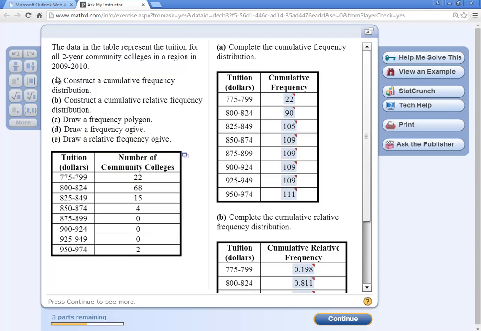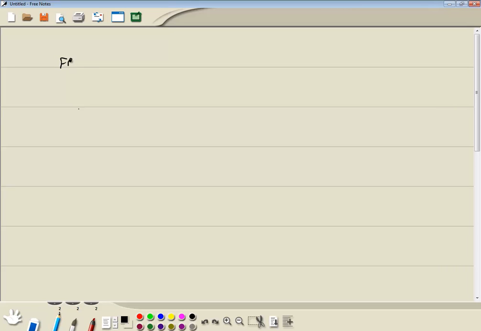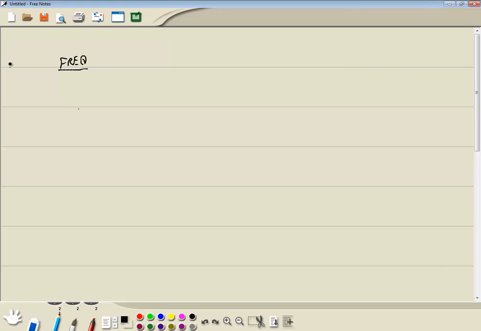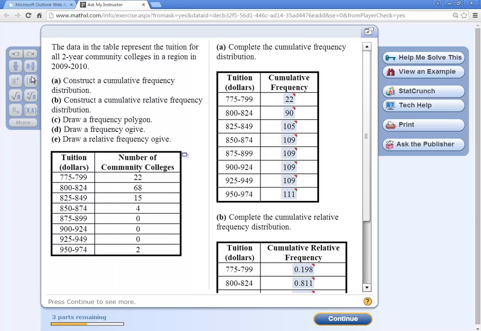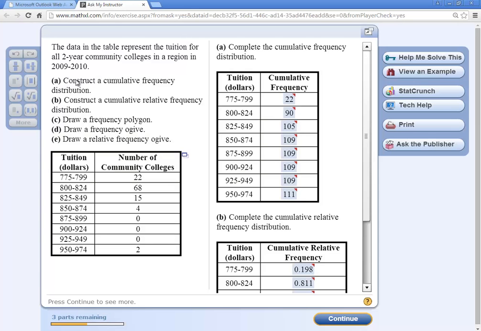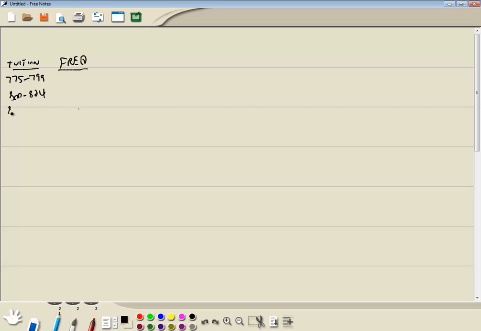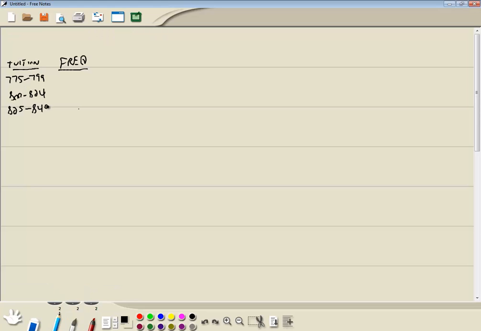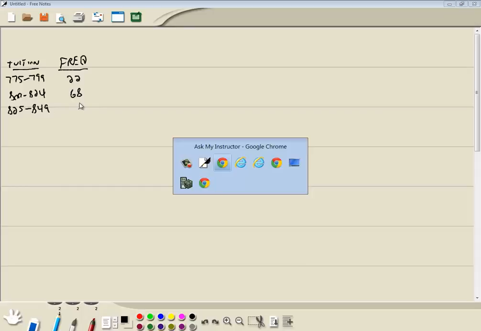So we've got frequency, and then tuition over here: 775 to 799, 800 to 824, and 825 to 849. And the frequencies are 22, 68, and 15.